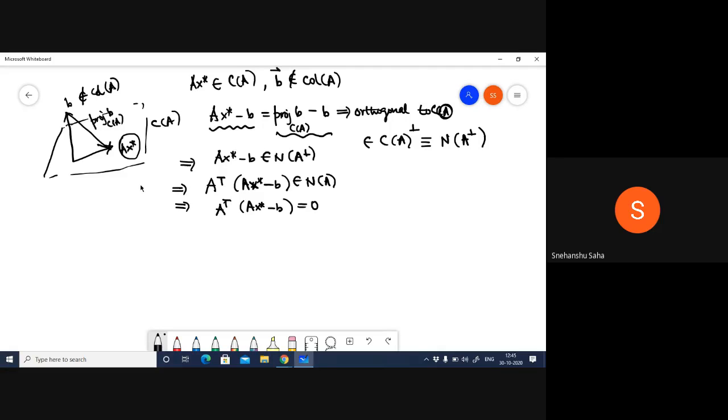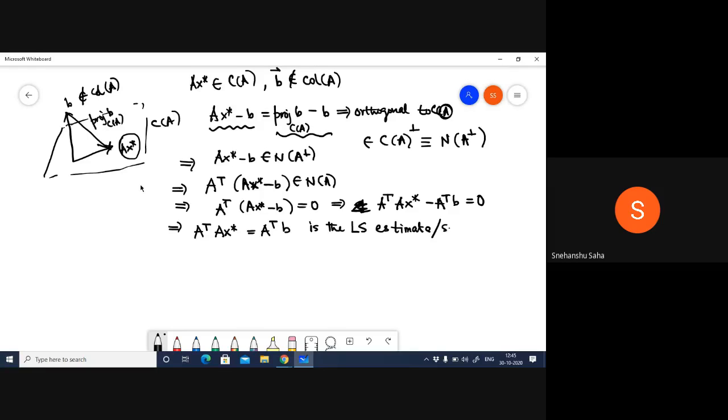Okay, all right. So if I work this out, this is what I get: A transpose A X star minus A transpose B is equal to 0, and therefore A transpose A X star is nothing but A transpose B, right? And this is the least square estimate, okay?